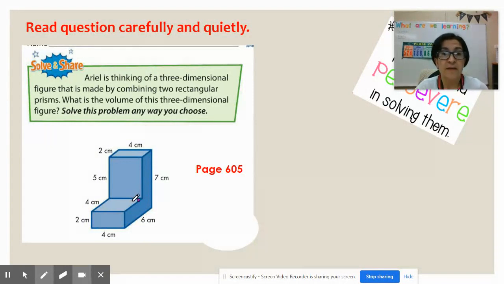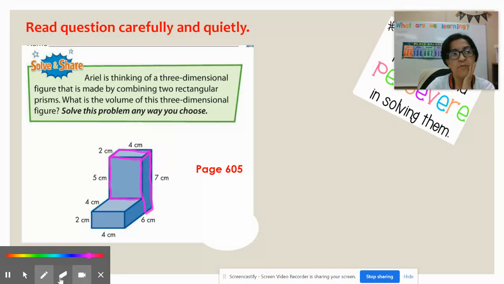You can separate this as if this one goes down like this. So this shape would be like two boxes. So there's like a box in the back. So this is one box.